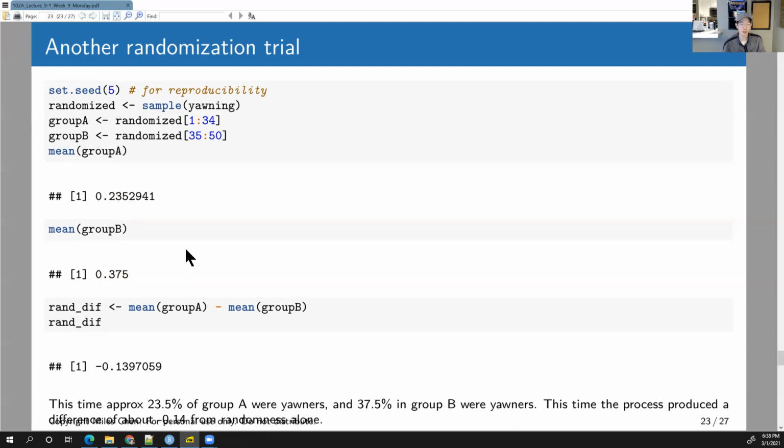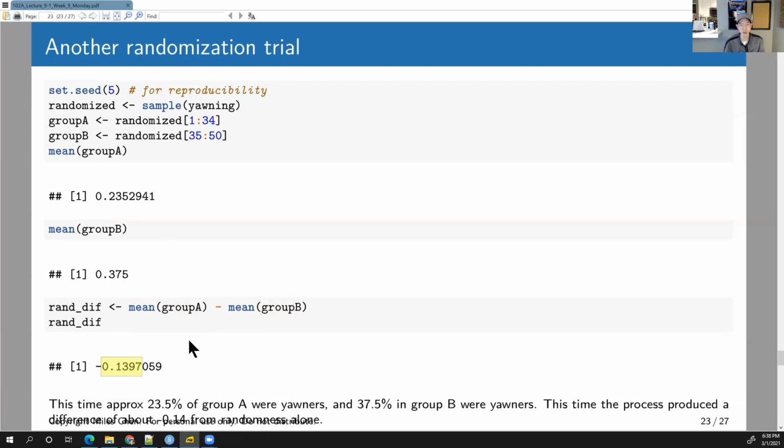And so we want to know, are there more or fewer people in group A? In this case, the difference between the proportions of group A versus group B is negative 0.1397, around negative 0.14. So we get a difference of around 14 percentage points, but in the opposite direction, just from randomness here.